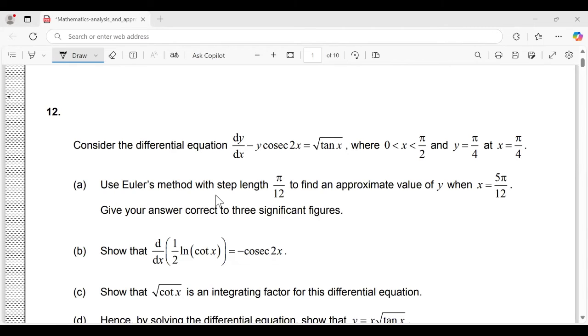Use Euler's method with step length pi over 12 to find an approximate value of y when x equals 5 pi over 12. Give your answer correct to three significant figures.